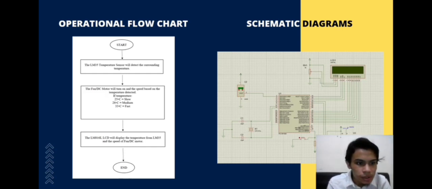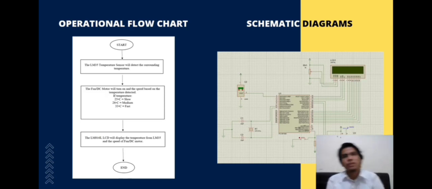If the temperature is 25 degrees, we have a slow speed. When the temperature turns to 28 degrees, it is medium. And last, when the temperature goes up to 33 degrees Celsius, we have a fast fan speed.